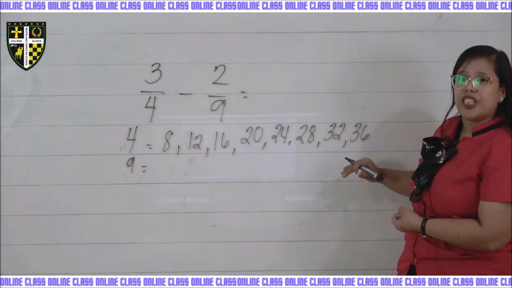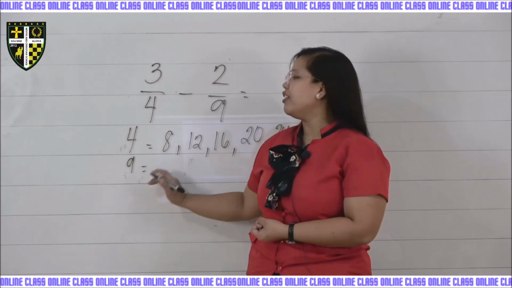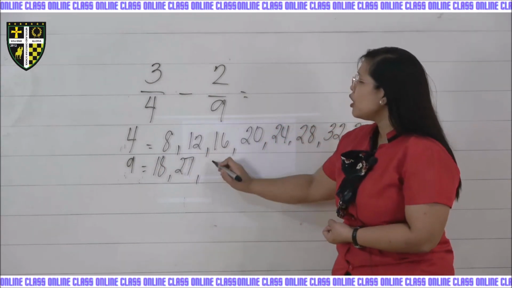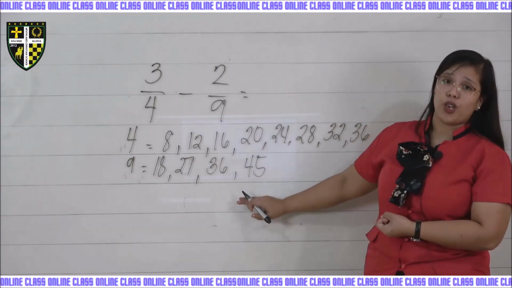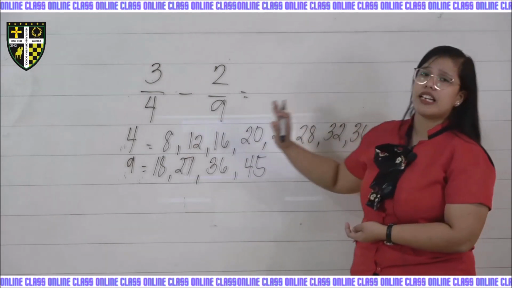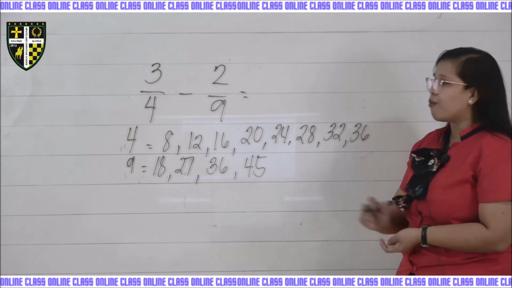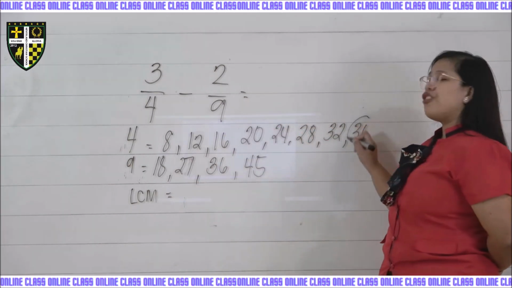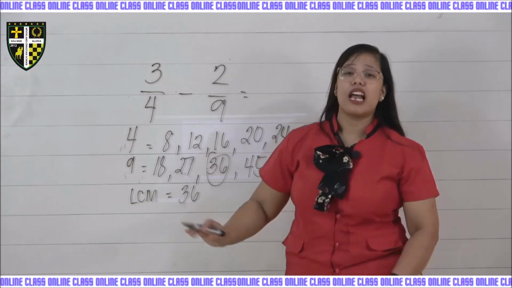Next, we have 9: 9, 18, 27, 36, 45. Now, we will look at all their multiples and find out their LCM, which is 36. So 36 is their LCM.